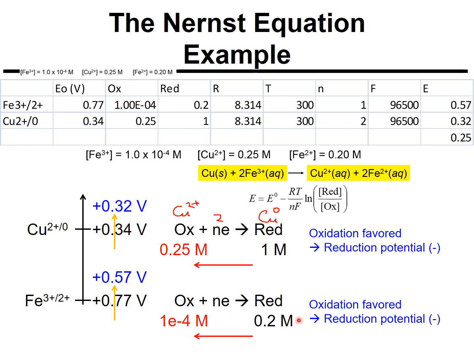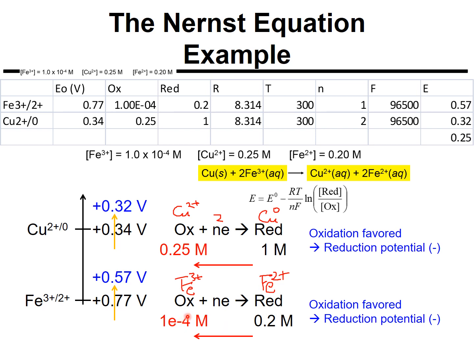Let's go to the Fe side. Let me write down the species: Fe2+ and Fe3+. I have said we would have the standard reduction potential when the amounts of oxidized species and reduced species are the same.